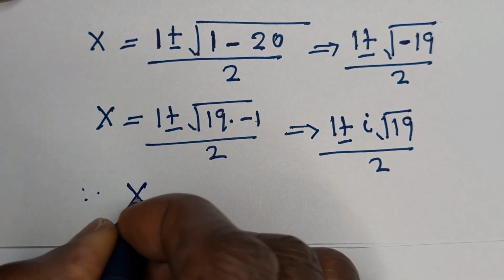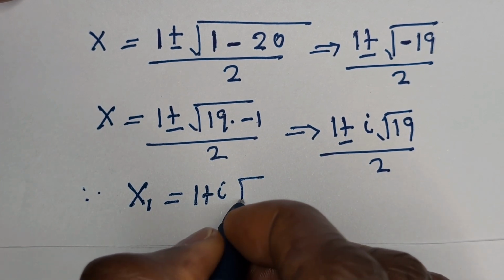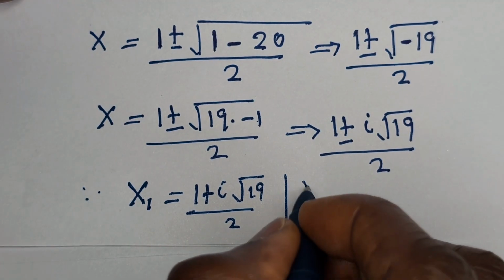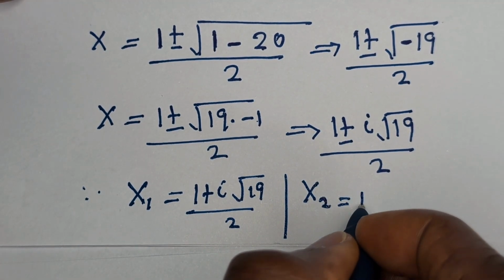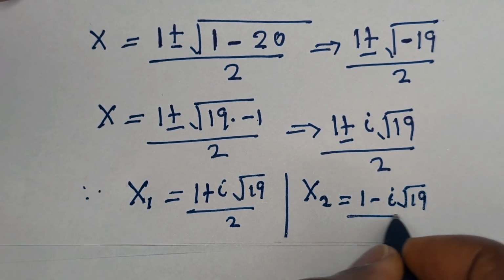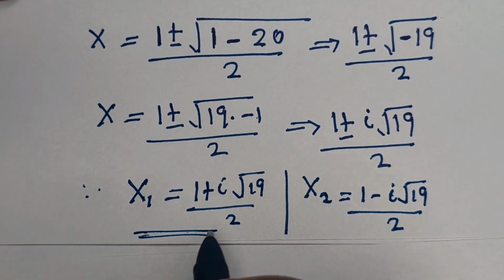Therefore, s1 is equal to 1 plus i root 19 over 2, and s2 is equal to 1 minus i root 19 over 2. We've gotten the values of s1 and s2.